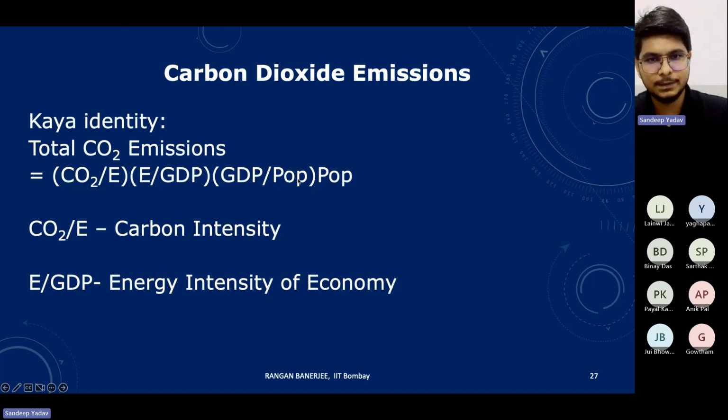And then the GDP by population. Finally, the total CO2 emissions come out in some unit that we use in the numericals. That's how we will use the Kaya identity. Suppose you are given the carbon intensity and the energy intensity and you have to calculate the total CO2 emissions, you can use that formula.